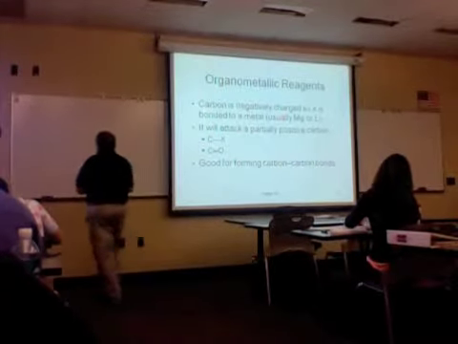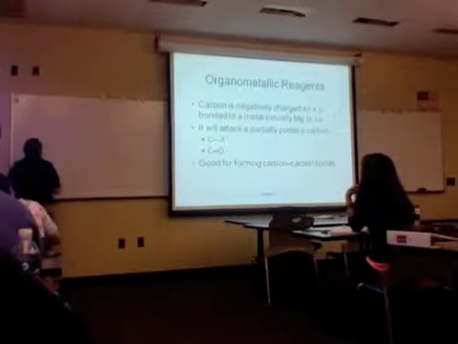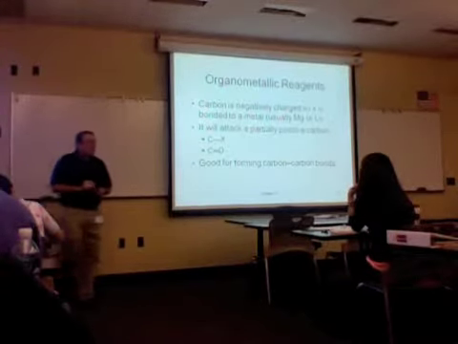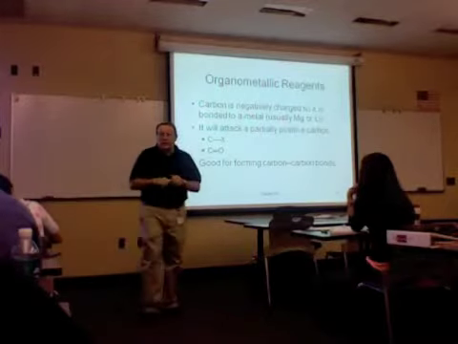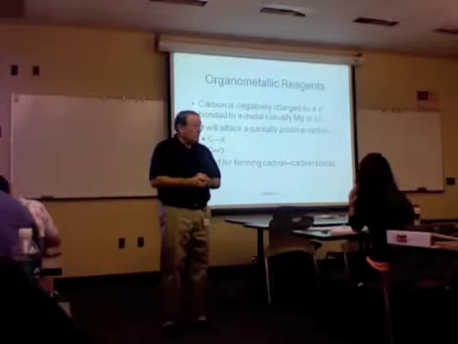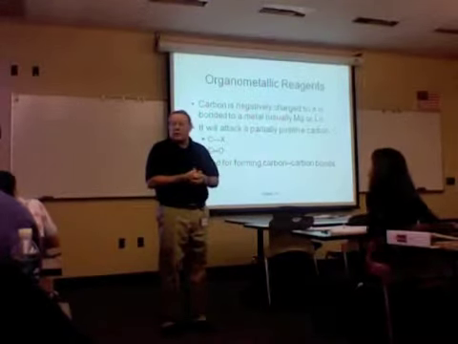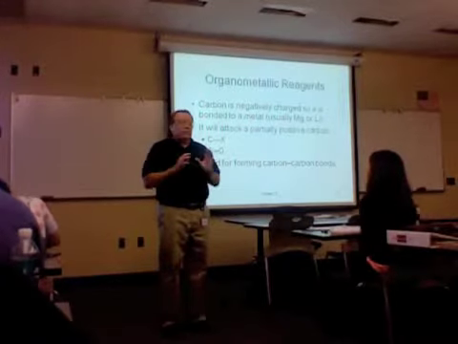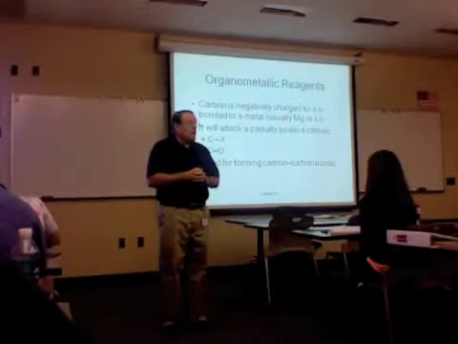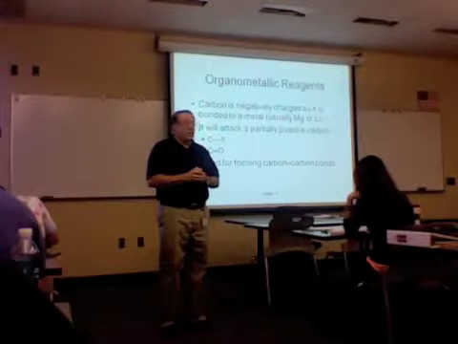Carbon, when it's covalently bonded to either magnesium or lithium, if we look at our table of electronegativities, we discover that carbon is more electronegative than magnesium or lithium. That will mean that the bond will be polar with carbon carrying a partial negative charge. And even though there's a covalent bond there, the carbon will act as though it's a carbanion.